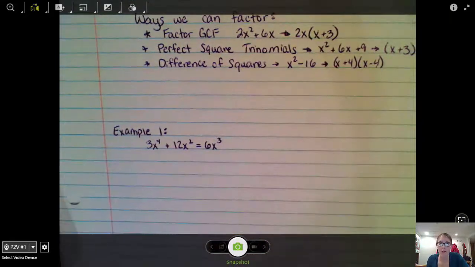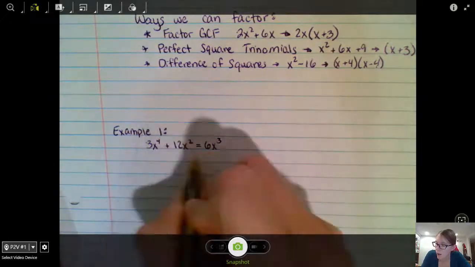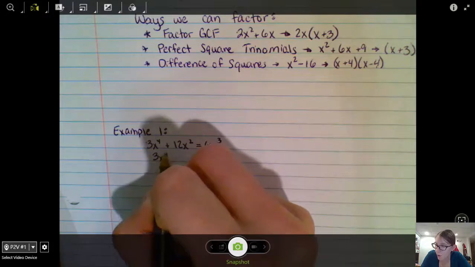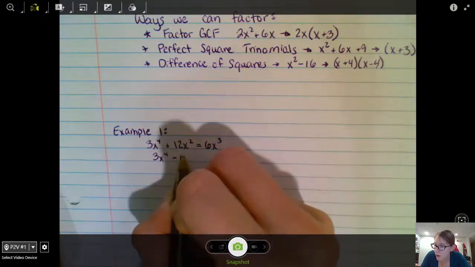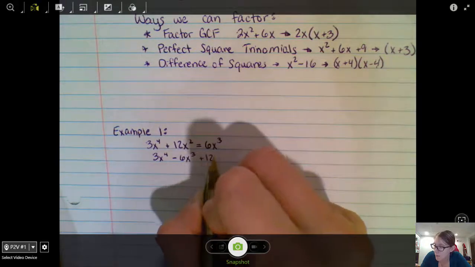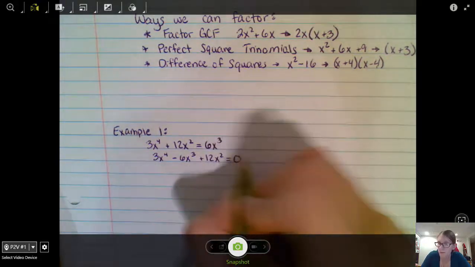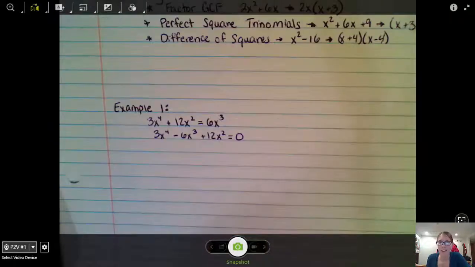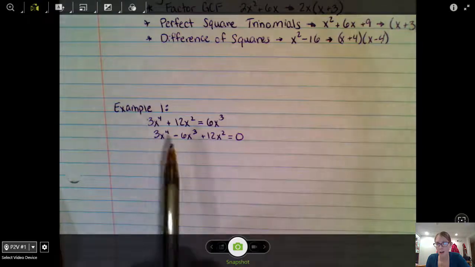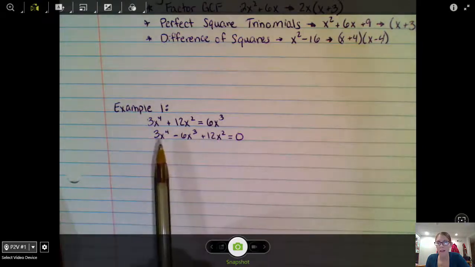Just like when we solved quadratic equations, the first thing that we like to do is set our equation equal to 0. Subtract 6x cubed, and as I do that, I'm going to make sure my equation is written in standard form, going from highest to lowest power. After I do that, I notice all of these numbers are divisible by 3, and x squared goes into each term also.